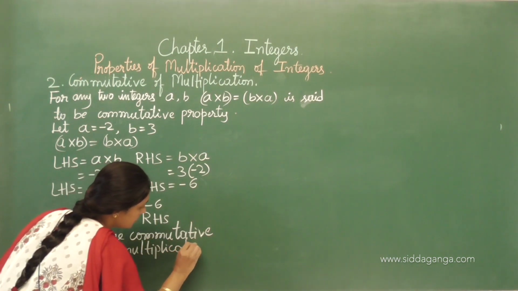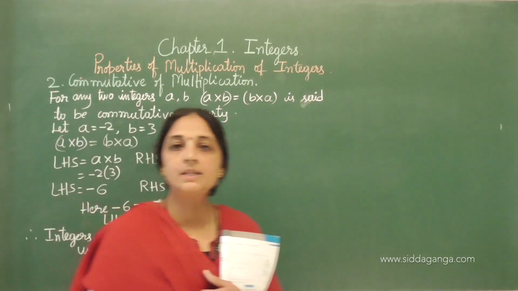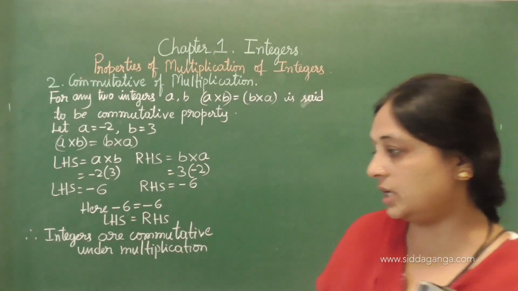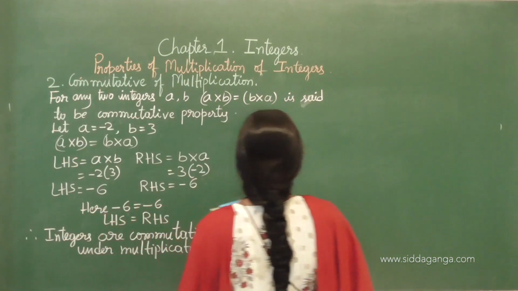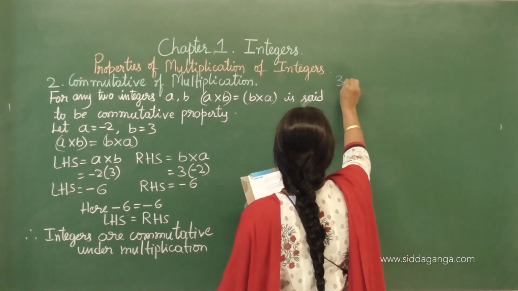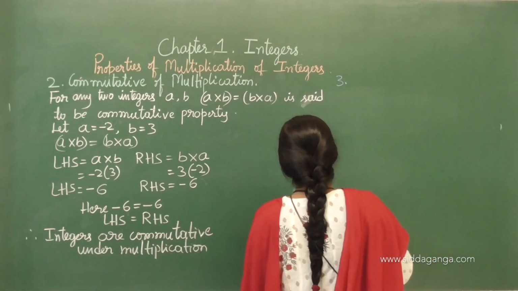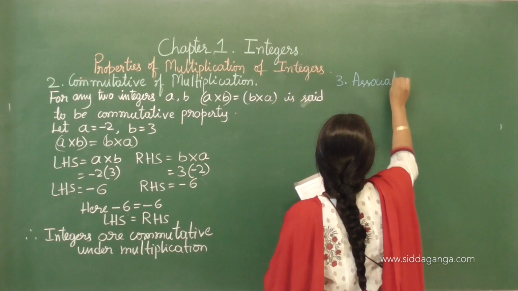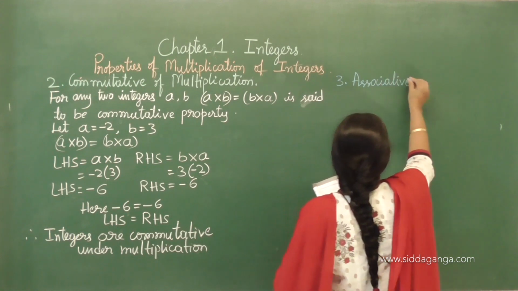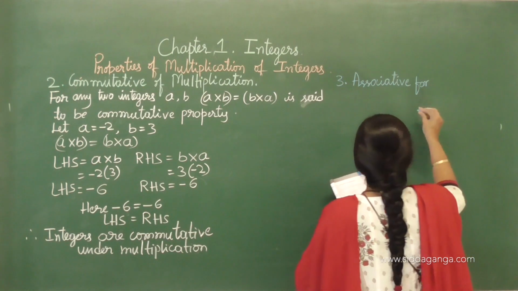Then the third one is associative property. Then go to the third one, that is associative for multiplication.